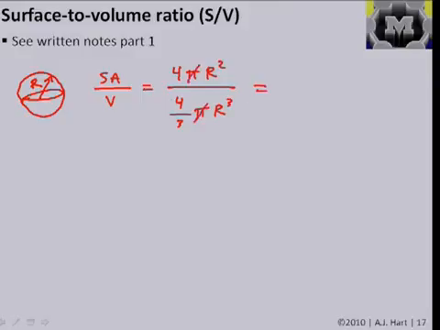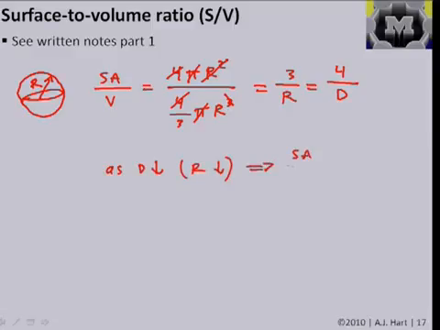If we cancel what we can, the pi's go away, the 4 goes away, we lose the r's on top, and we lose all but one of the r's on the bottom, and this is equal to 3 over r, or 4 divided by the diameter. So the idea here is that as the diameter or the radius decreases, the surface area to volume ratio goes way up.